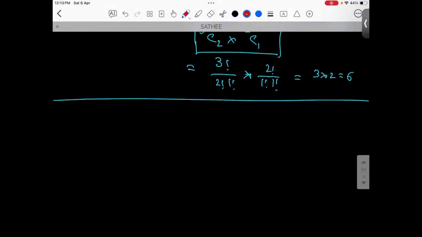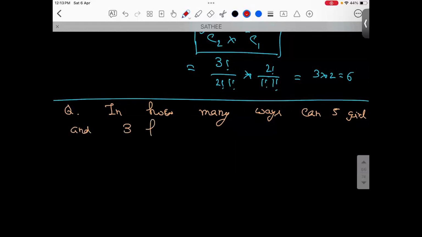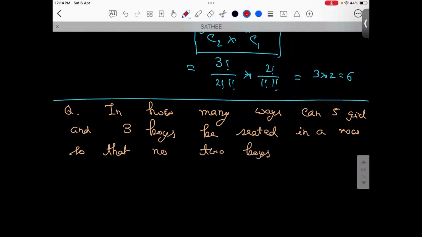Okay, the question is, in how many ways can 5 girls and 3 boys be seated in a row so that no 2 boys are together?